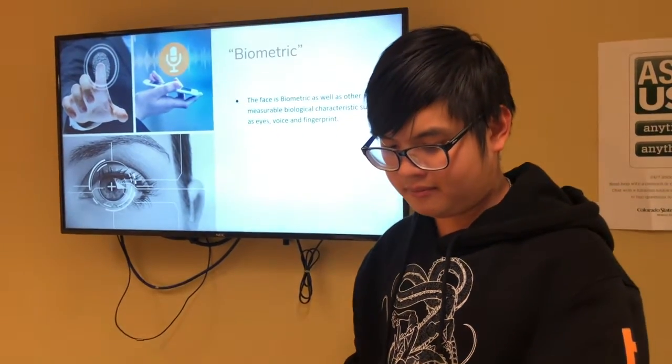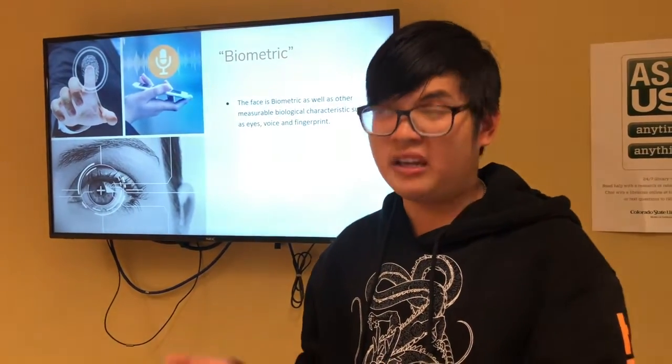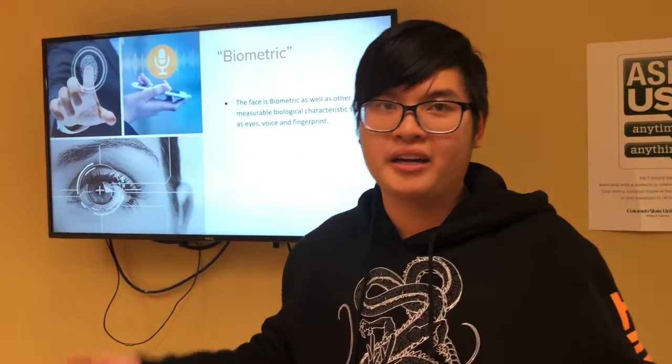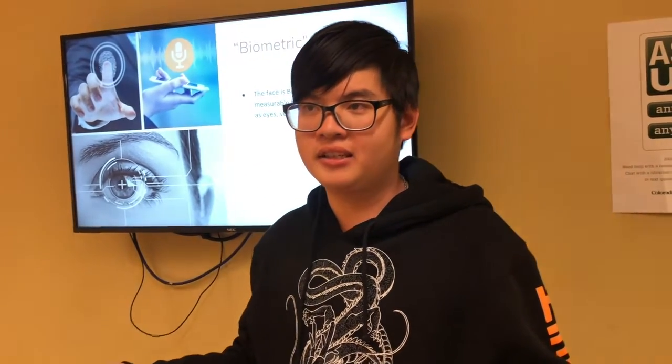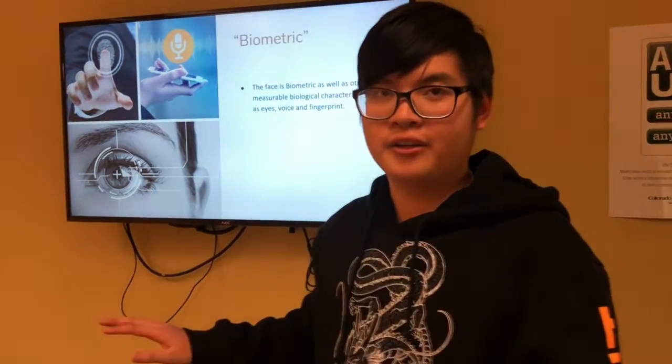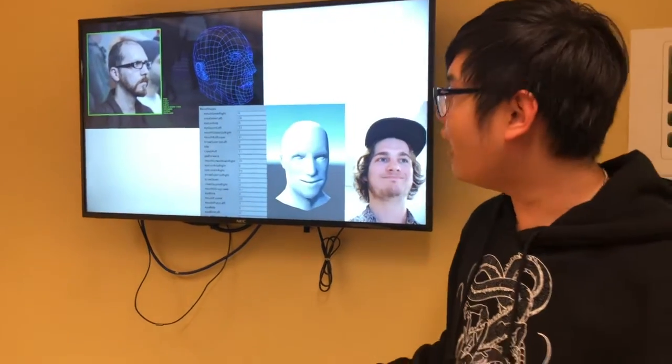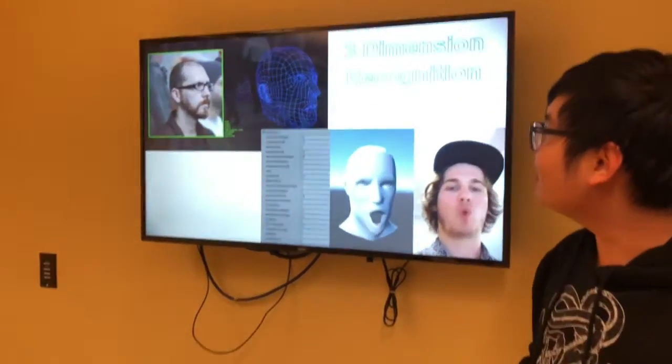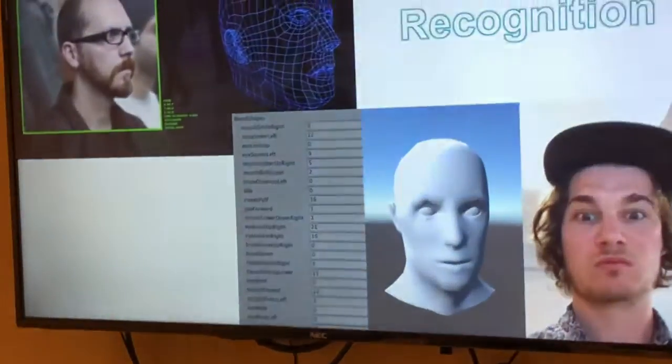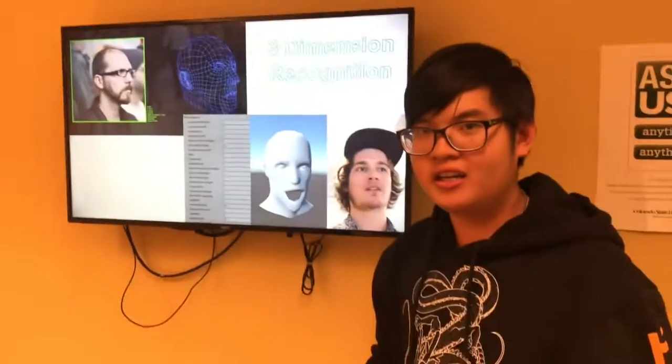In general, for a computer to verify, in short, they basically compare the similarities and differences and then verify you. So as my friends say, the 3D recognition is the most popular.